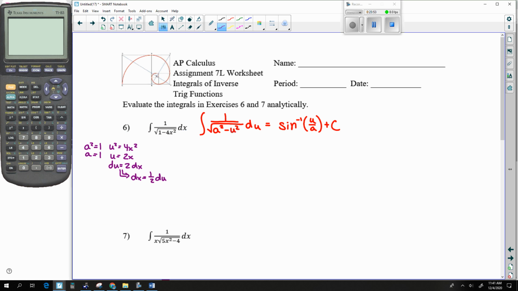So the original equation is now going to be the integral. 1 is a squared, 4x squared is u squared. 1 is still 1. dx, however, is now 1/2 du. So what I need to do to make the equation match is just bring out that 1/2.